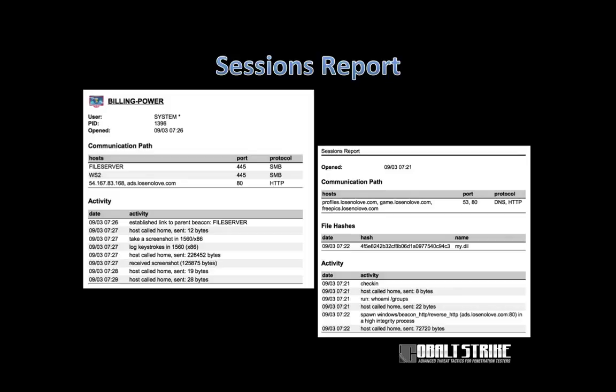You also get a timeline of all activity for that individual beacon session. The sessions report also gives you indicators for individual beacon sessions as well. For example, if you upload a file to a system, the sessions report will show the file hash and the date and time that file hash was generated. You can very easily correlate that date and time to the action that the operator took.